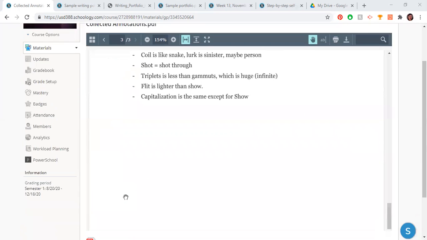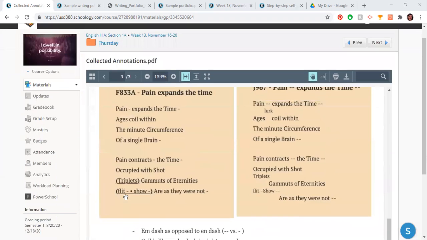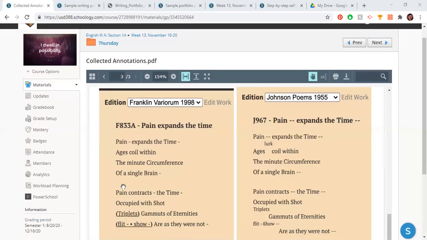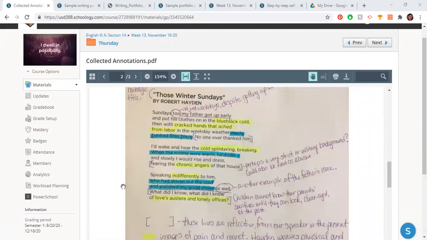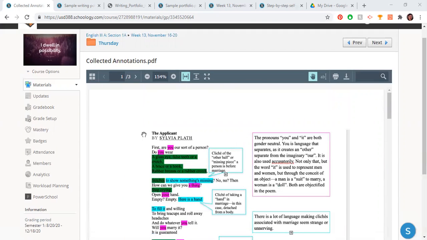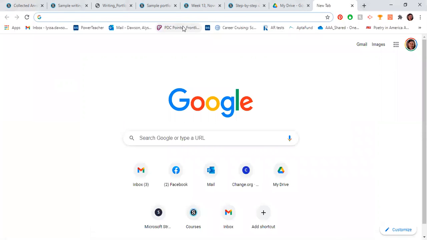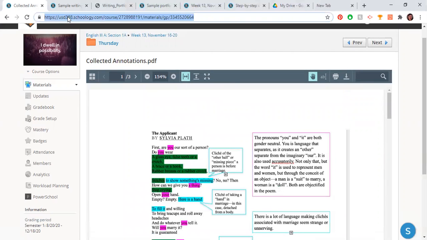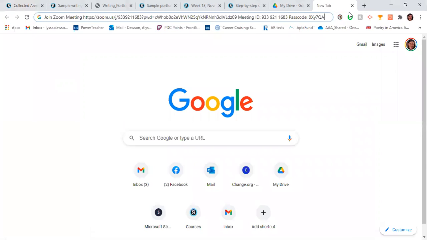So I wanted to show you that your annotation basically just has to have your observations. They could be in any real form. So the collected annotations will be turned in in one spot on Friday. So I'll show you where that is.